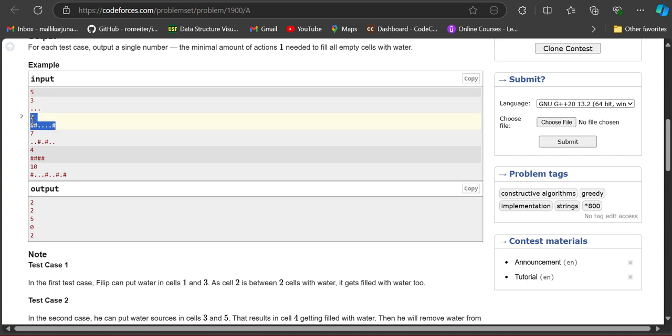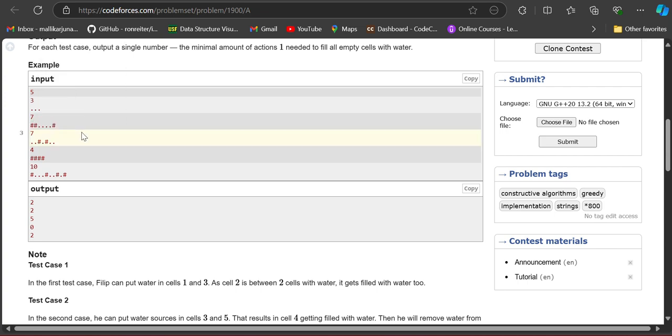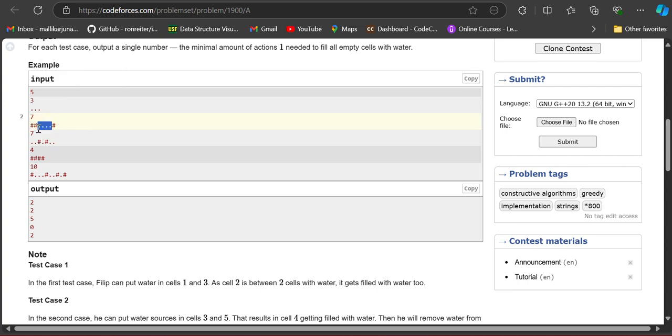Apart from that, it contains 3 hashes and 4 dots. So it says that it contains 3 blocked cells and 4 empty cells. Like that, these test cases go on.